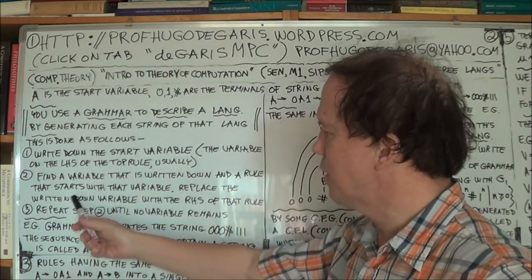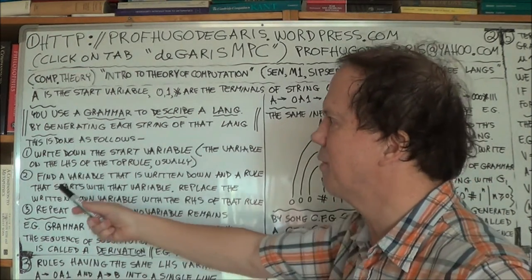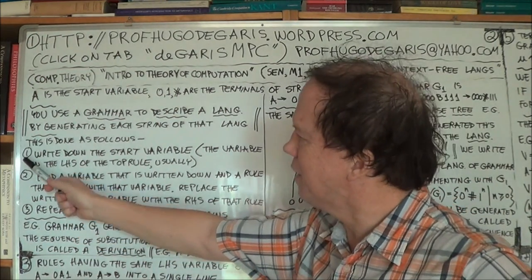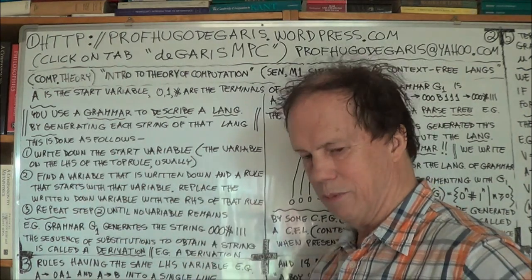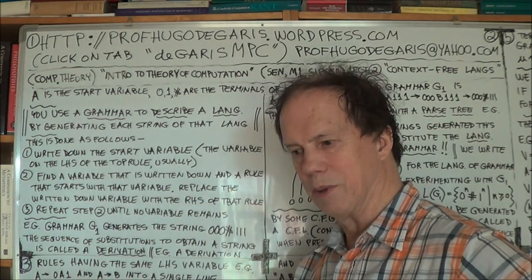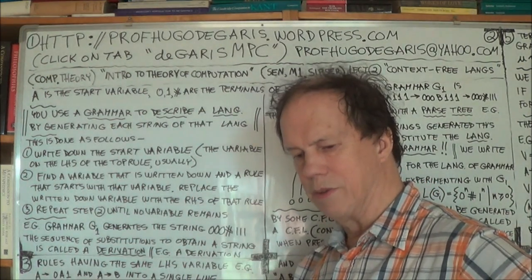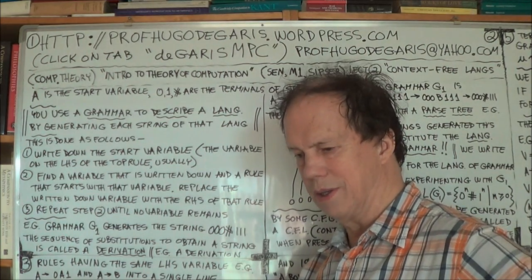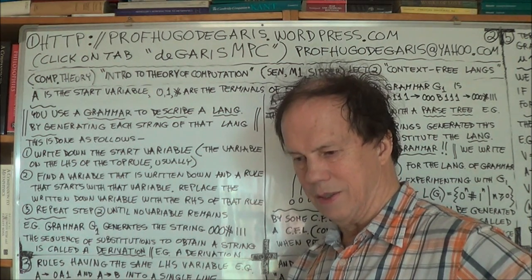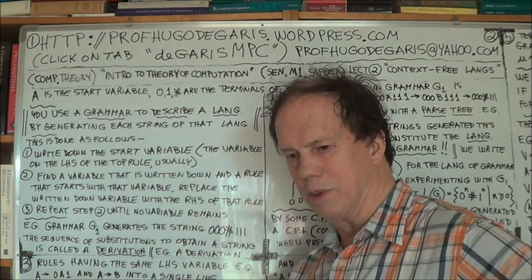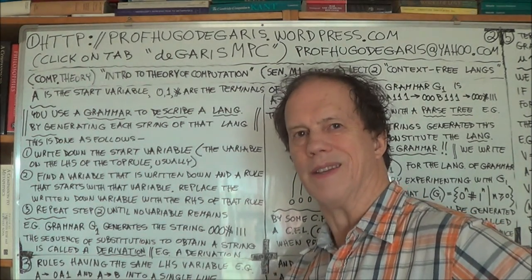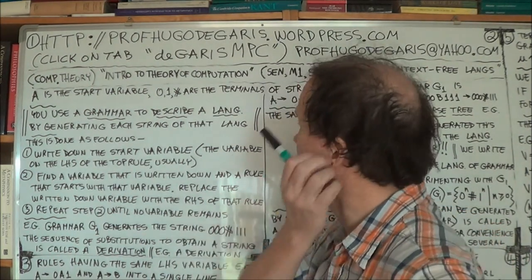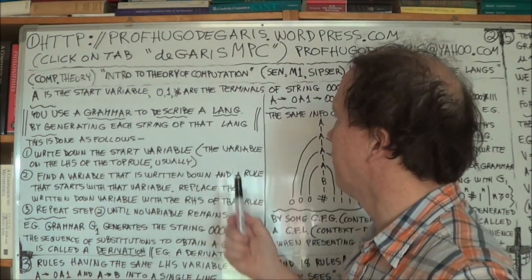Well, it's a three-step process, sort of. First thing is you write down your start variable. You always start with your start variable, and that will be one of your variables. Traditionally, the start variable is capital letter S for start, obviously. So you write down the start variable.